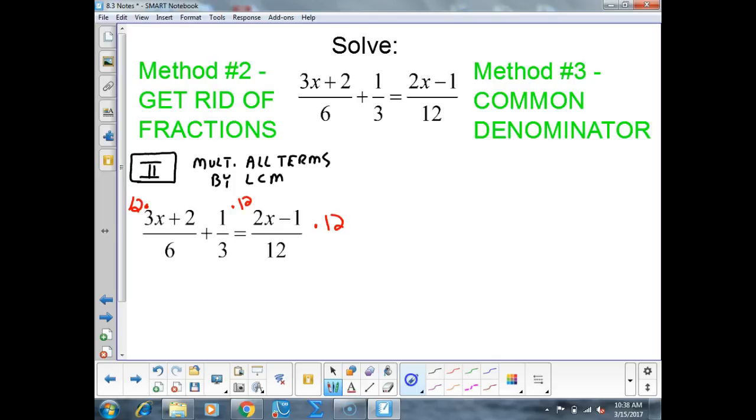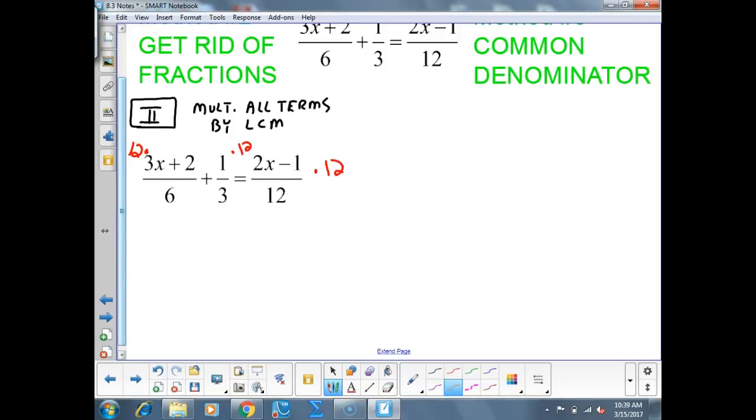Okay? So, in my first one, 12 divided by 6 is 2. So this becomes 2 times 3x plus 2. 12 divided by 3 is 4.